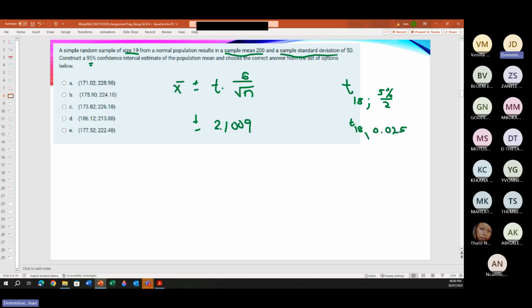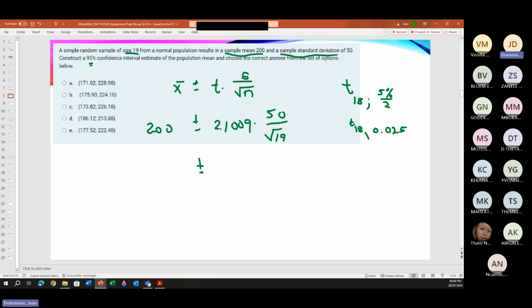Let's quickly check the standard deviation. Sample standard deviation was 50, sample size was 19, and the mean was 200.